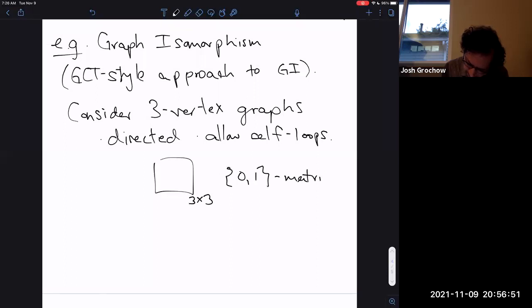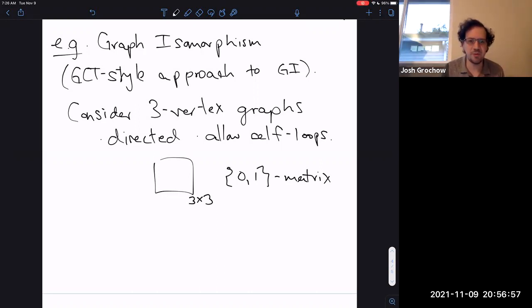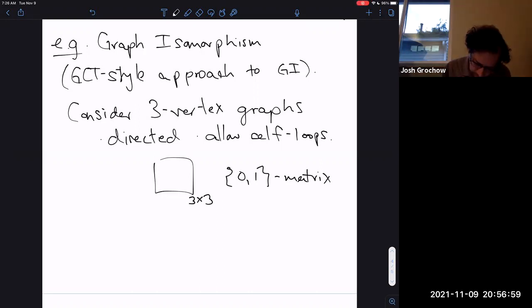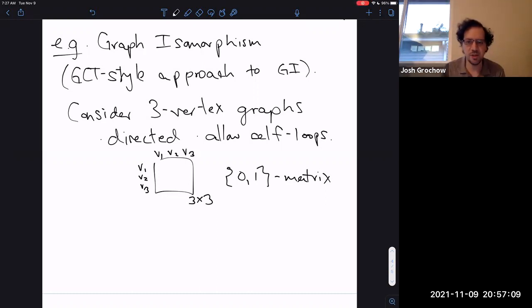And what does it mean if I have 2 adjacency matrices? What does it mean for 2 graphs to be isomorphic? Well, the rows are indexed by the vertices, V1, V2, V3. The columns are indexed by the same vertices. And an isomorphism is permuting the vertices. So you conjugate by a permutation matrix. So maybe let me say this.